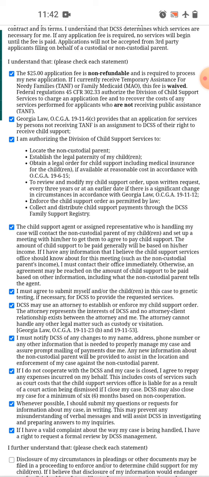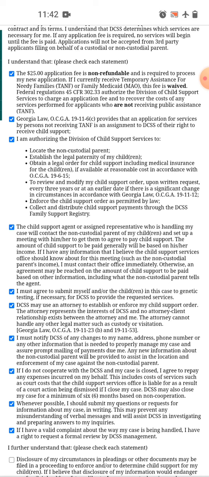If you choose to give it to them, right here it tells you what the non-custodial parent tells the agent. Keep in mind at the beginning of that statement, it states clearly that they have to set up an appointment, a meeting, to get him or her to agree to pay child support. That's the very first statement right there.